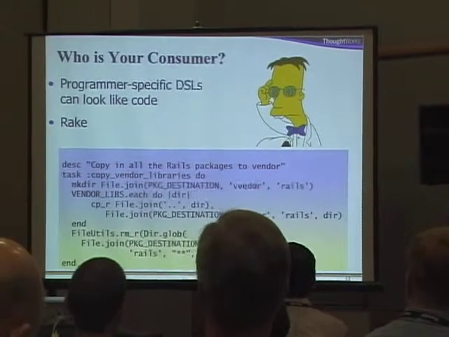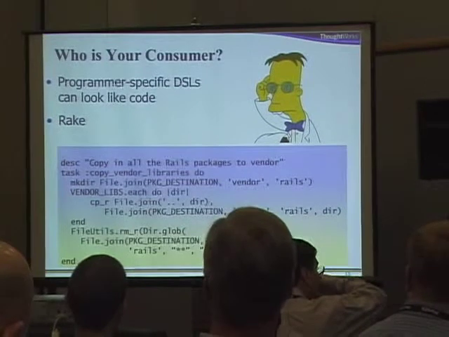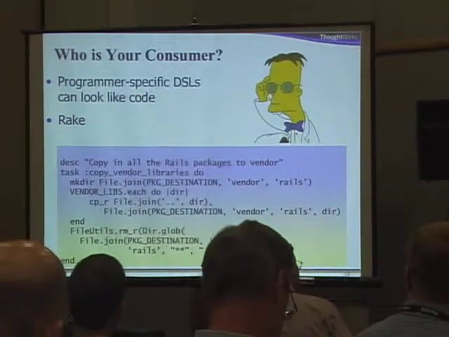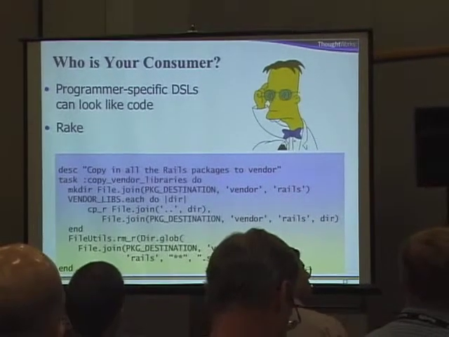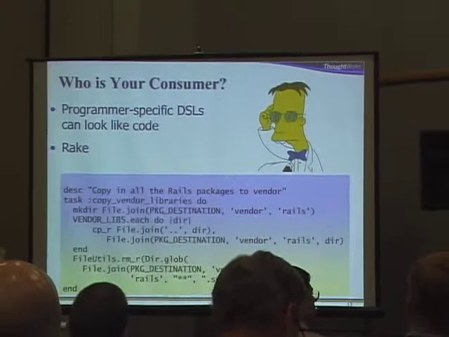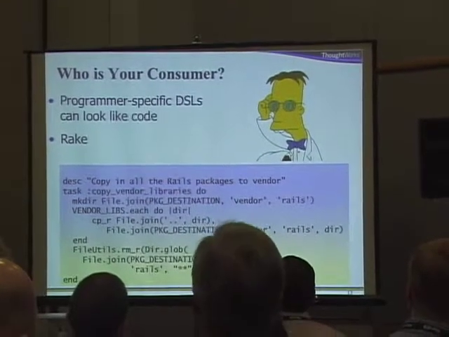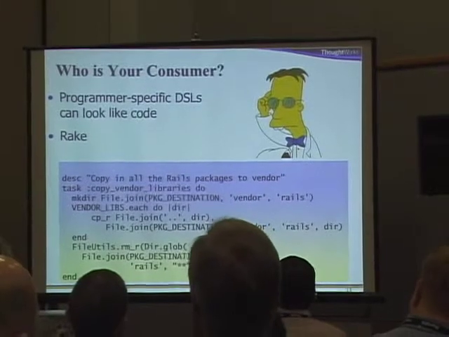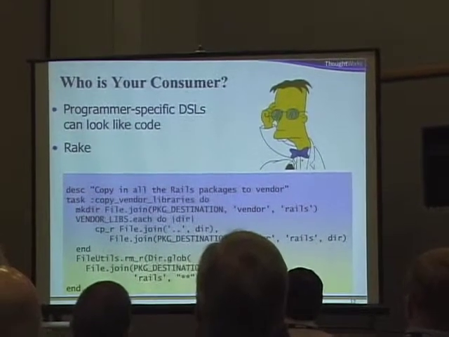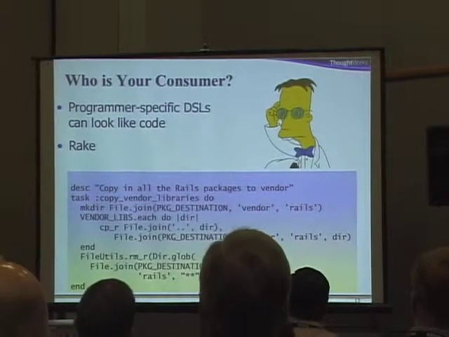So this is right on the cusp between a domain-specific make language and Ruby code. In fact, at any point during a Rakefile, you can play with that boundary all you want. This is certainly recognizably Ruby code, with a block and vendor lives.each do. That's clearly a block. So this is both Ruby code and make code all together.